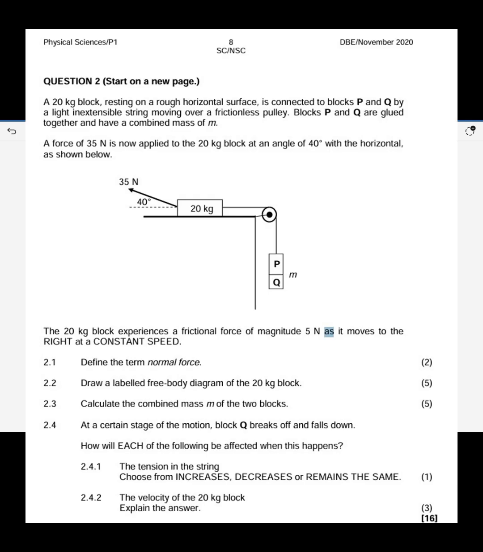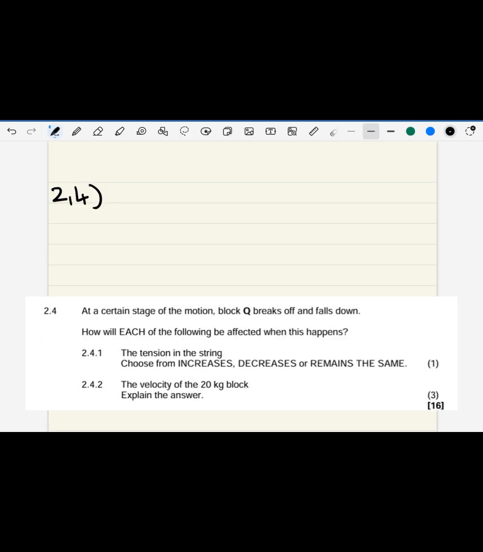Moving on to question 2.4. At a certain stage of the motion, block Q breaks off and falls down. How will each of the following be affected when this happens? First things first, I'll write down my F net is equal to MA.